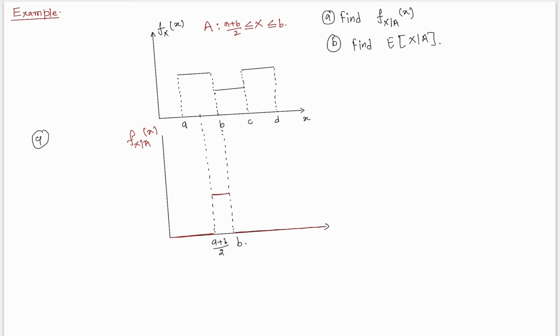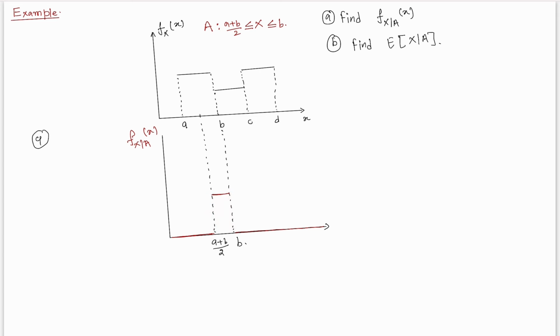But we know that the conditional PDF is also a legitimate PDF. That means the area under this probability density function should add up to 1. That means the area of this rectangle should be 1.